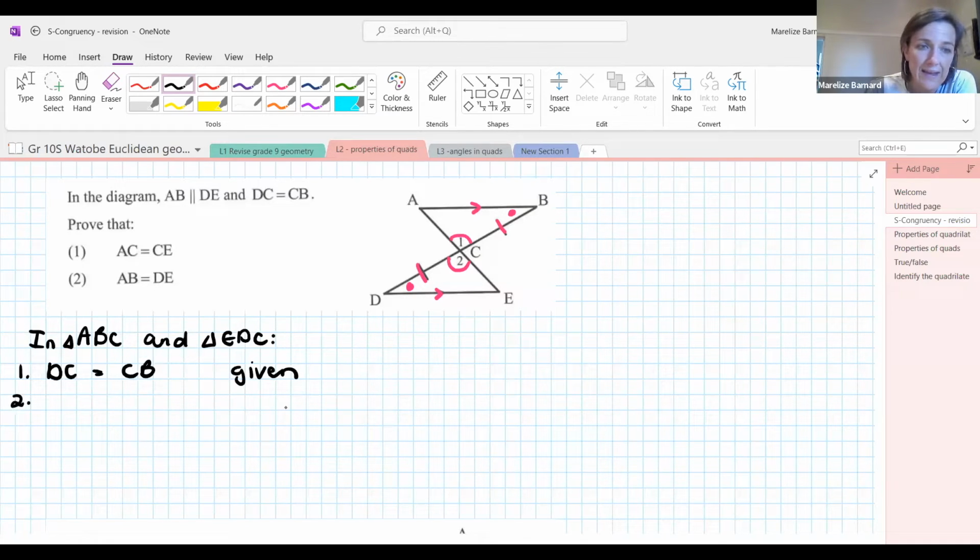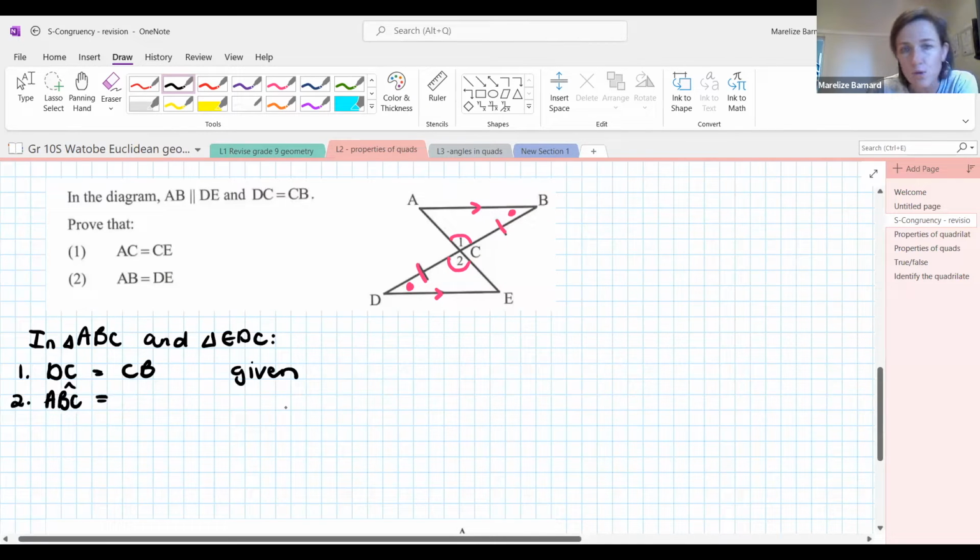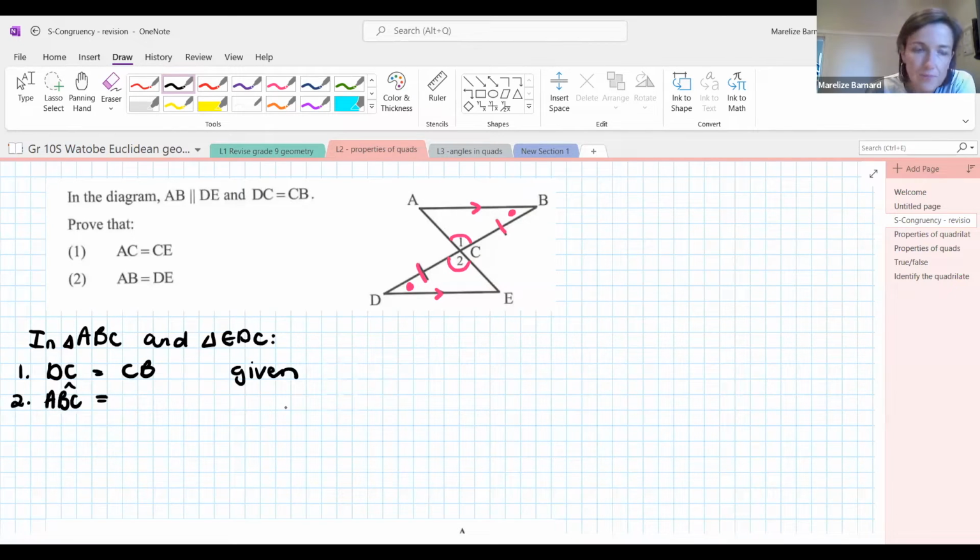Then we can say that angle ABD or ABC is equal to angle CDE. And the reason for that is they are alternate angles and AB is parallel to DE.